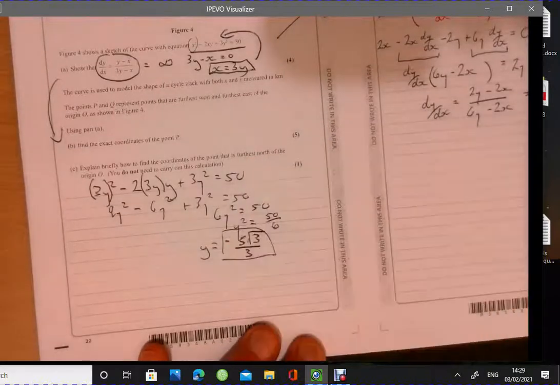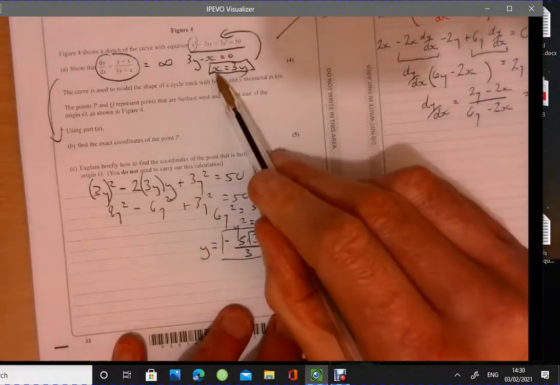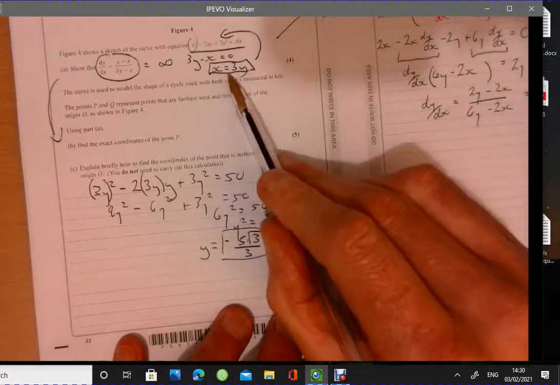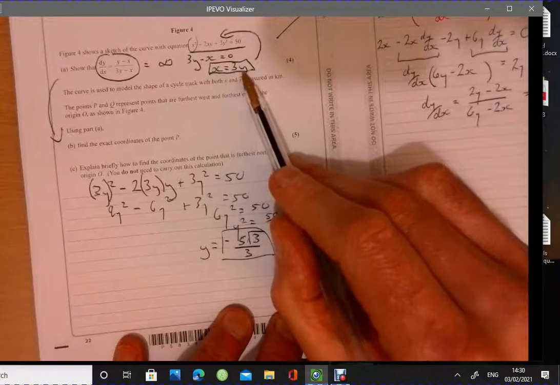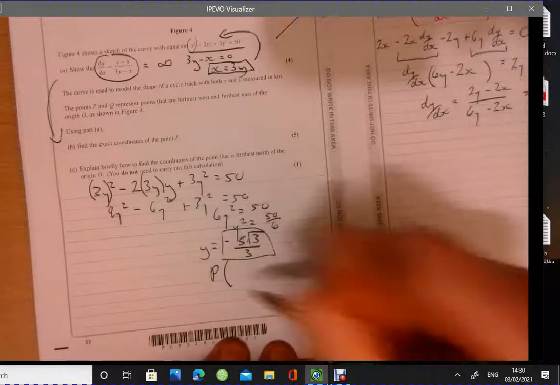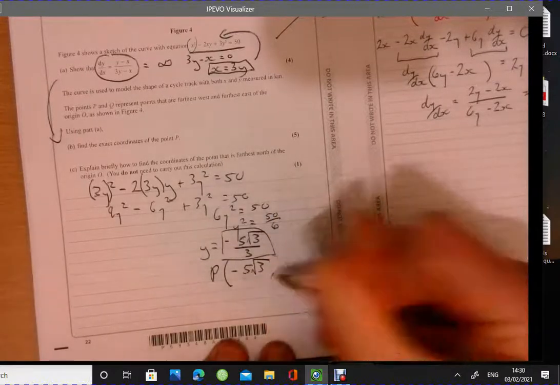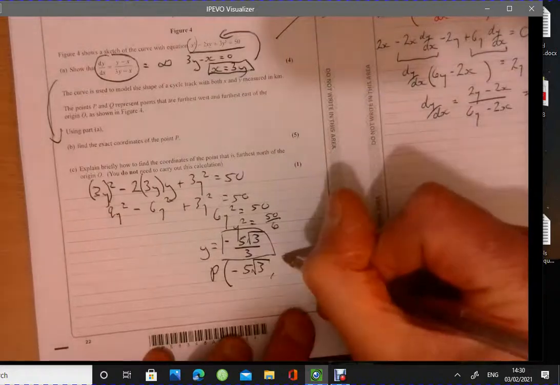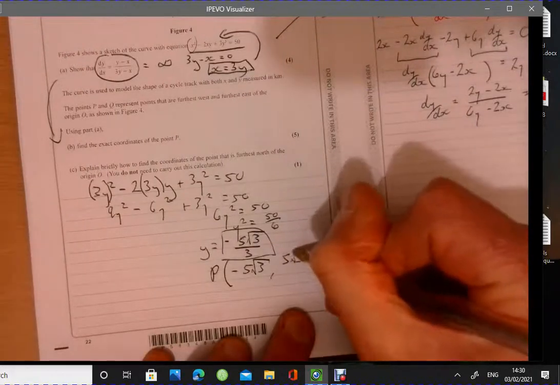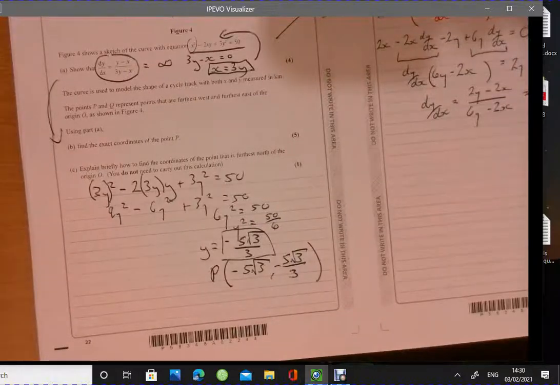There's the y point, and then the x point. Wait a minute, x equals 3 times y. It's just that times 3, isn't it? So the value of P is going to be minus 5 root 3. That's the x value. And then the y value is going to be that over 3, with the negative just there.